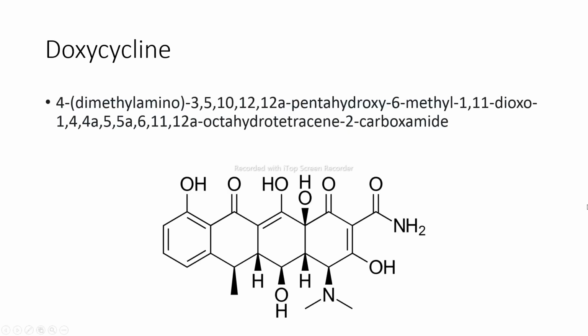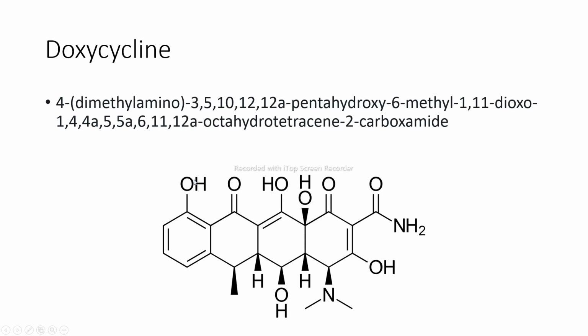Then the next one is the doxycycline. Now in this again chlorine is not there. So we started the nomenclature from the hydroxy. So how many hydroxy are there? Hydroxy are present at 3rd position, 5th position, 10th position, 12th position and 12A position.